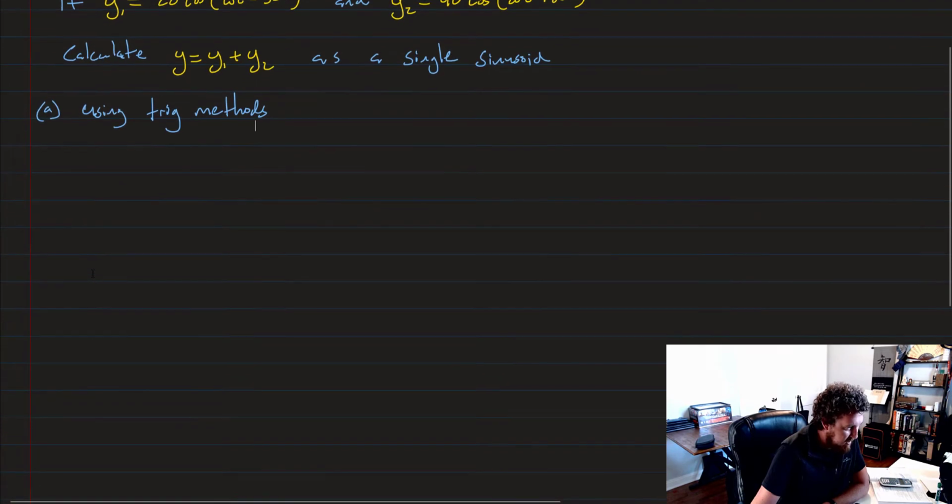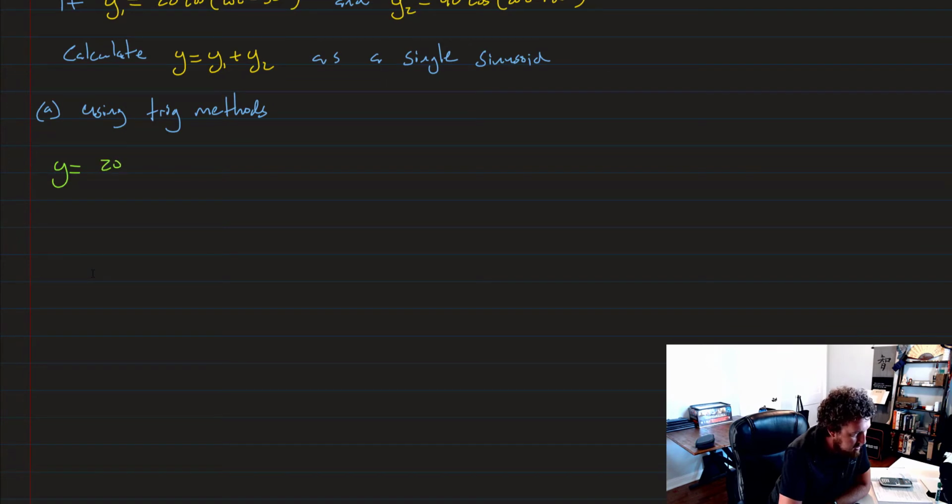So let's go ahead and write it out and see what we're working with. We got y equals y1, so 20 times the cosine of omega t minus 30 degrees plus 40 times the cosine of omega t plus 60 degrees.